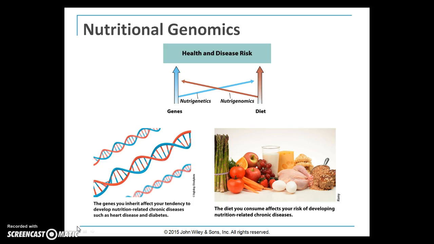Your parents might have been obese, had heart disease, or had some of these risk factors that you know of right now. You see it in your parents or your grandparents.